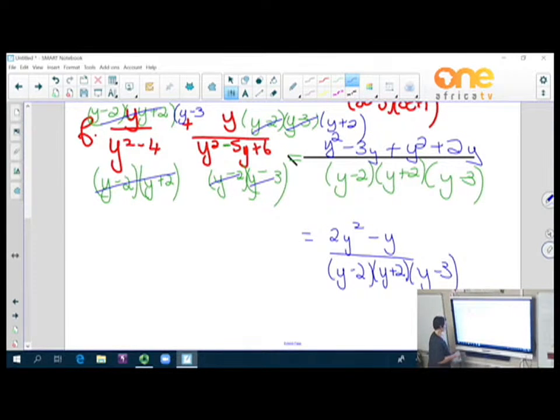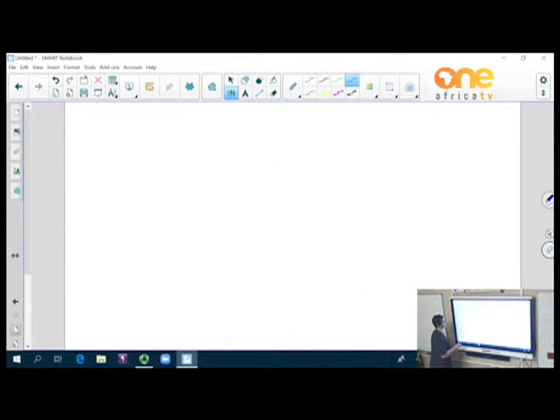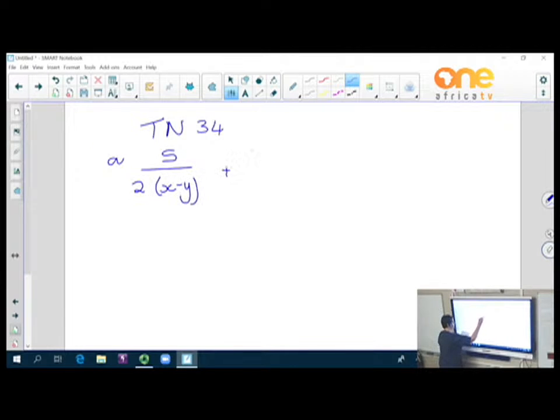So that is then exercise 33. The next one is try now 34. And it's very similar to what we did now. Fractions with factorization. So the first one there is 5 over 2x minus y plus 4, 3, y minus x.